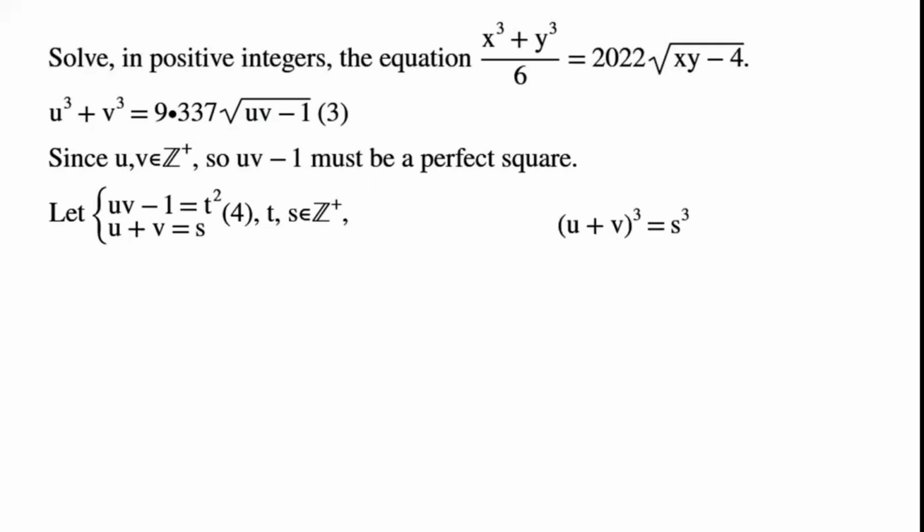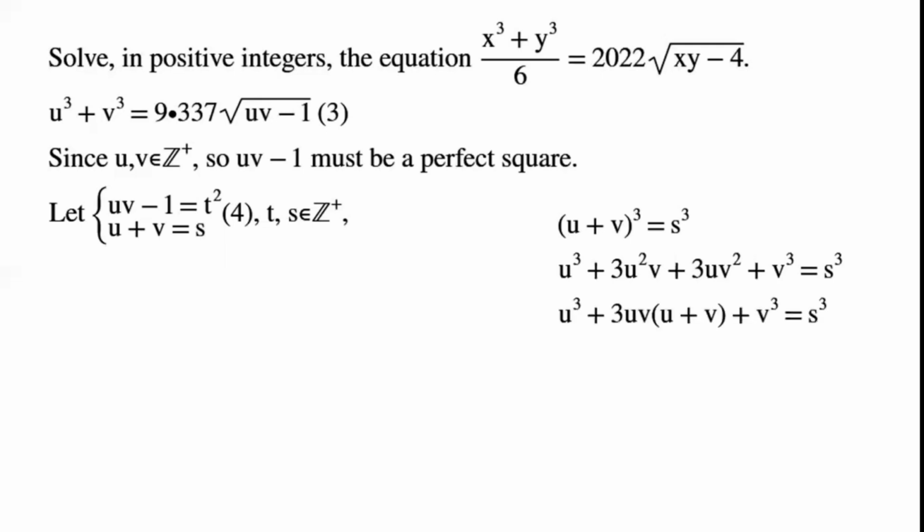We know that u plus v equals s, so (u plus v) all cubed equals s cubed. By expanding the left-hand side of the equation, we have u cubed plus 3u squared v plus 3uv squared plus v cubed.